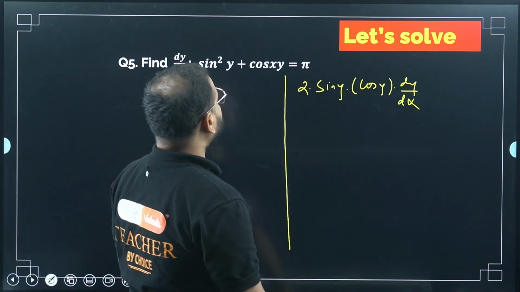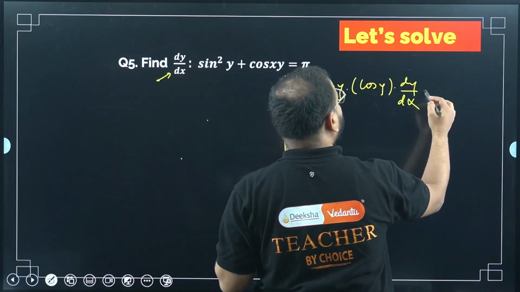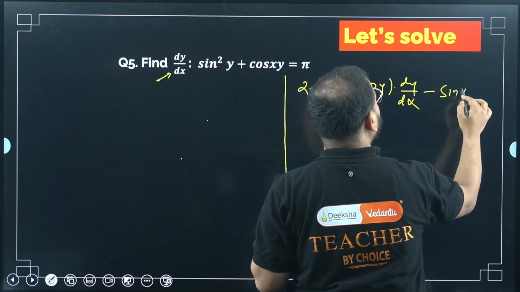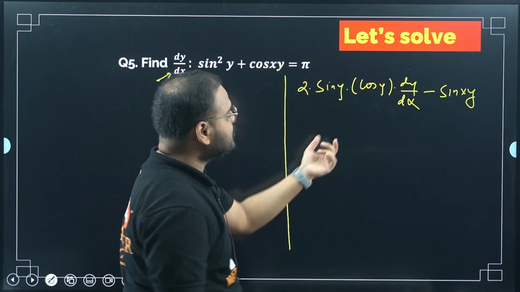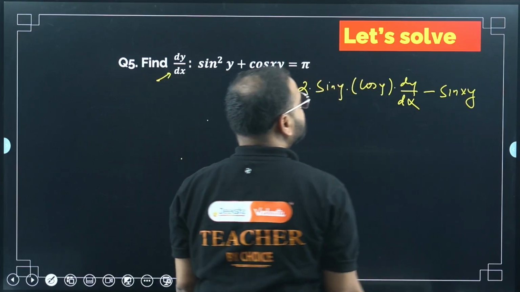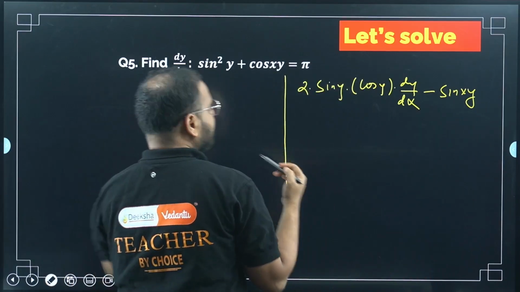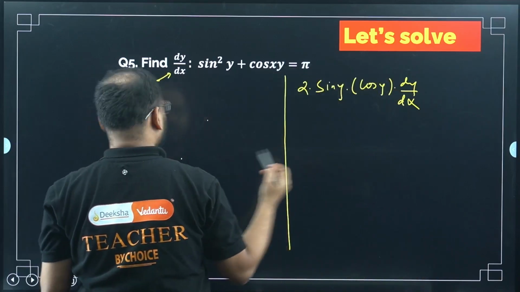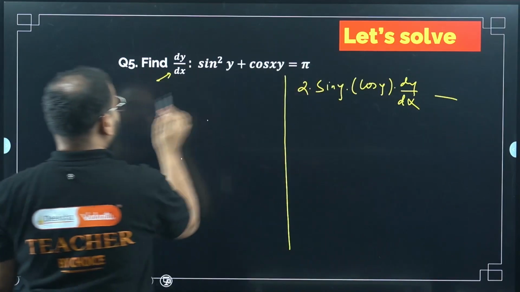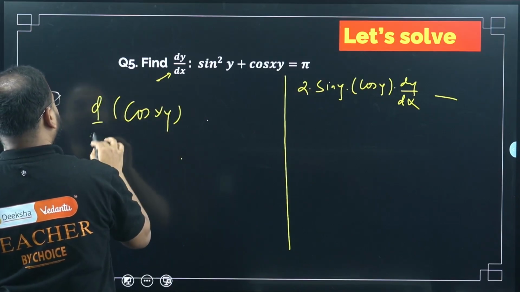Now what I'm going to do next? I have to do for this part also. So how will that look like? First it'll be minus sine xy, no? Minus sine xy, right? Because cos differentiation is minus sine. So minus sine xy, then I have to do for xy also. So cos xy differentiation will look like what?